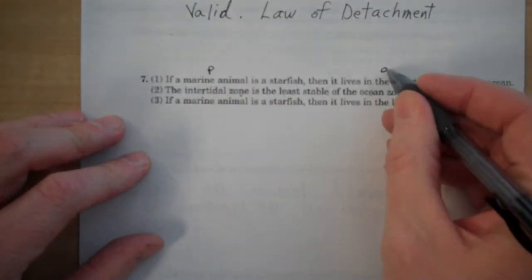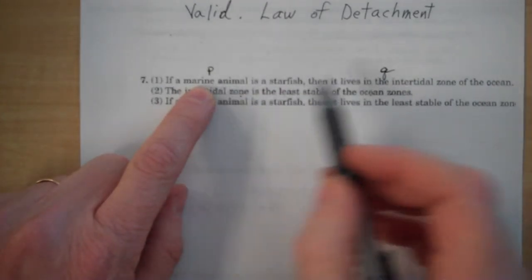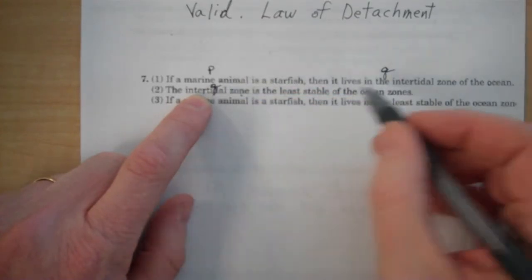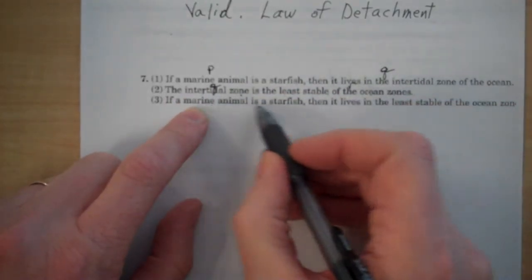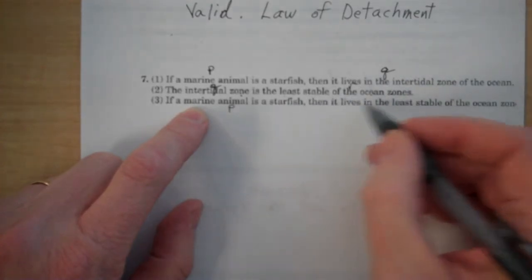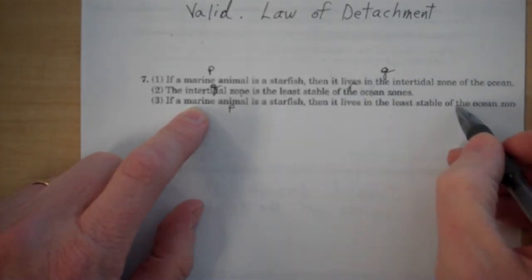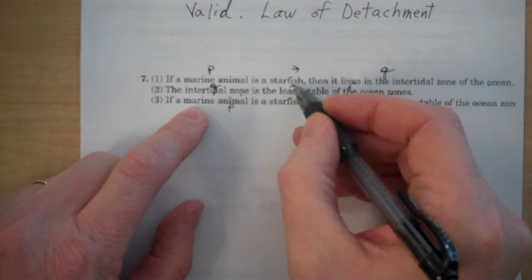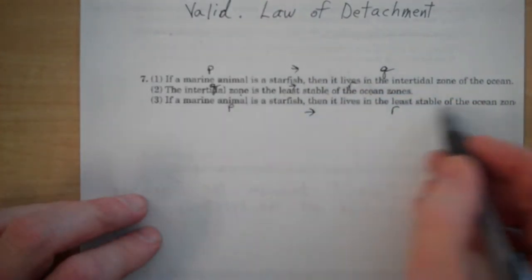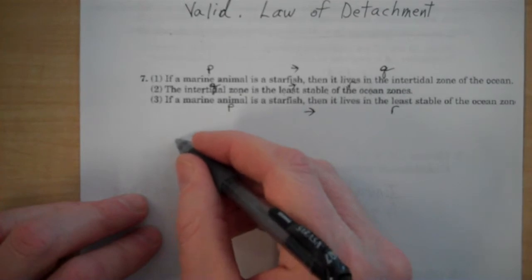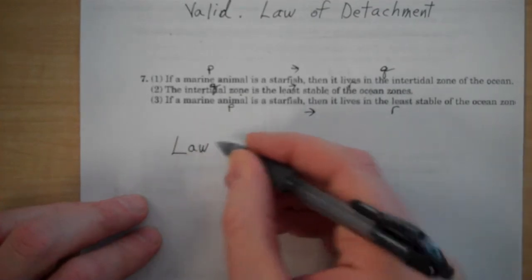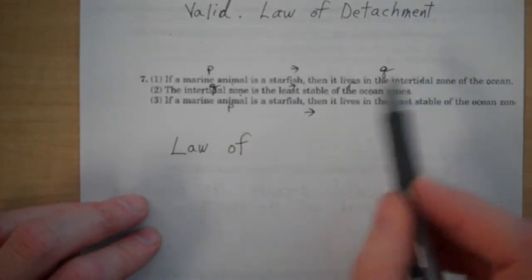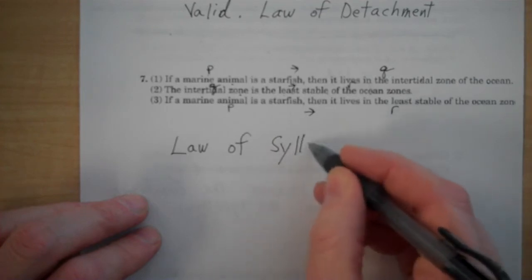I'm seeing if P then Q, where Q is being in the intertidal zone. So if Q, then R. If a marine animal is a starfish, P, then it lives in the least stable zone of the ocean, and that's the R. Okay, I think we're good here, guys. We are good to draw this conclusion from these two statements, but we did not use the law of detachment. The law of detachment is detaching the original. That's not what they did here. They used the law of syllogism.